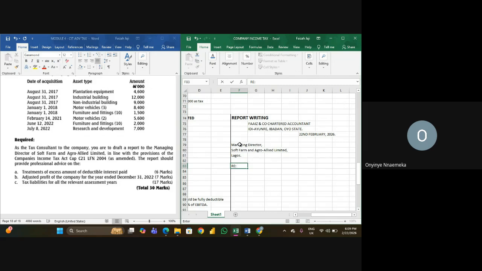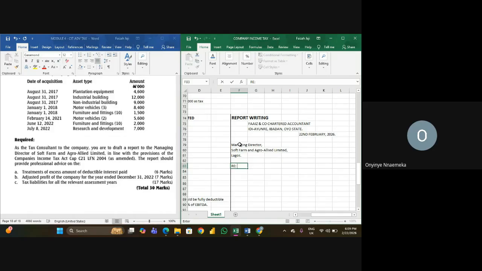Now we are on to the top heading of the letter, what your letter is all about. You have to form a heading by yourself that comprises what you are expected to do. So, looking at these requirements: treatment of excess dividend, adjusted profit and tax liability.